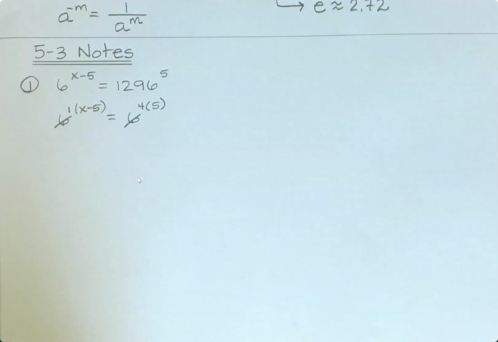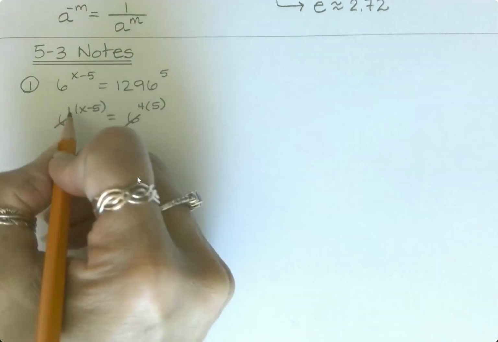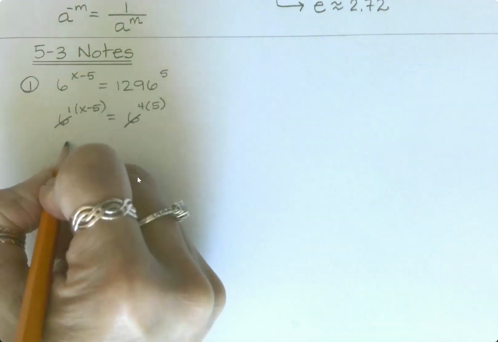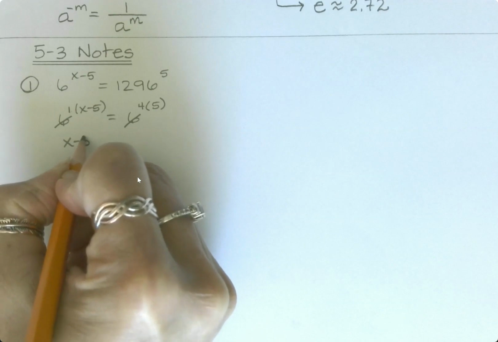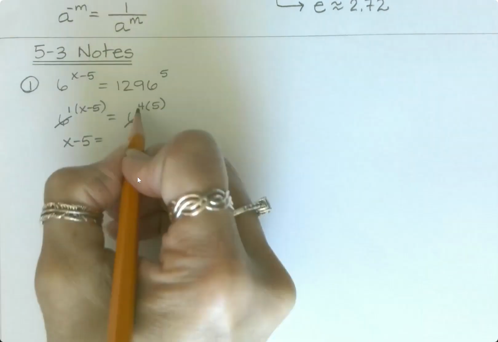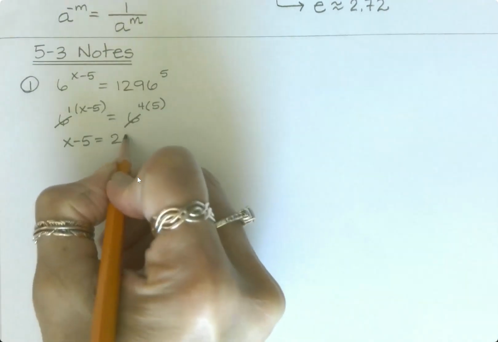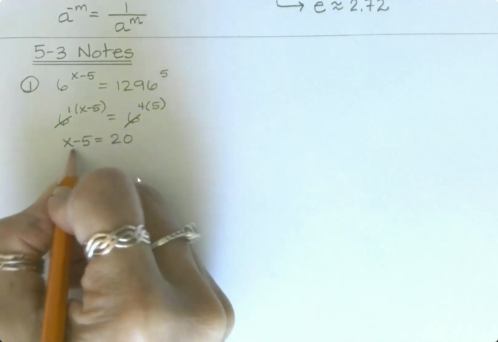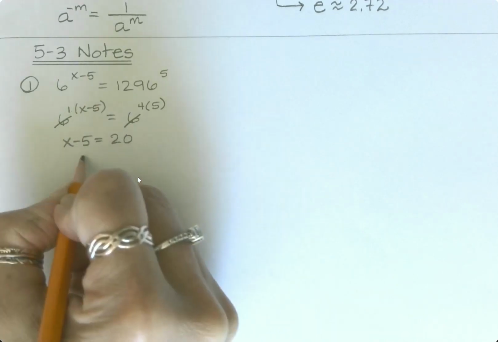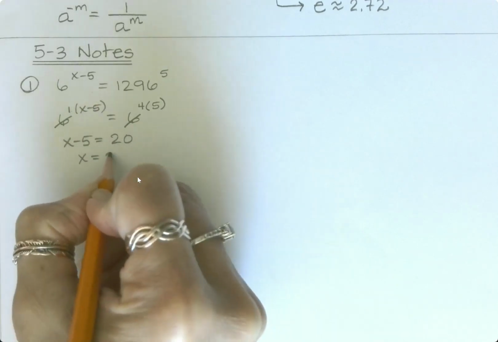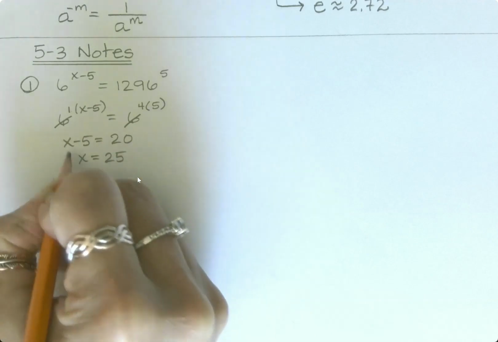by the one-to-one property, I can remove them, and now I will distribute the 1, which is just x minus 5, distribute the 4, and get 20. Solve for x by adding 5 on both sides, so x is equal to 25.